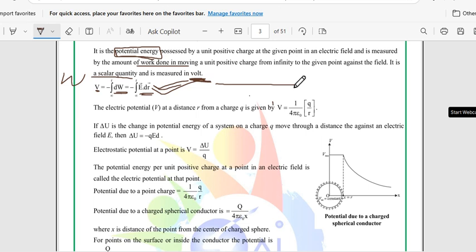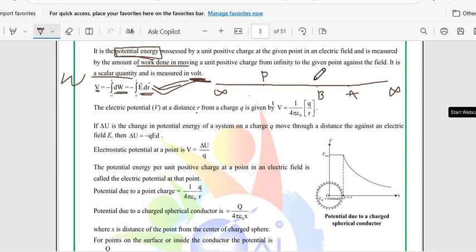This is also infinity. Suppose this is point A and this is point B, and there is a unit positive charge at a point P, and the electric potential V at a distance R.